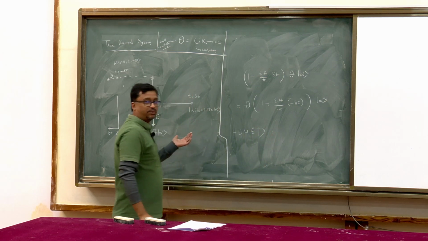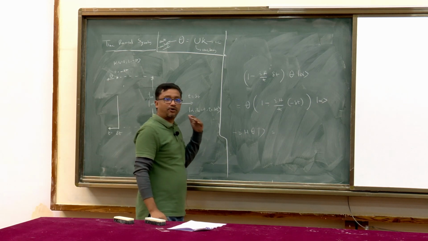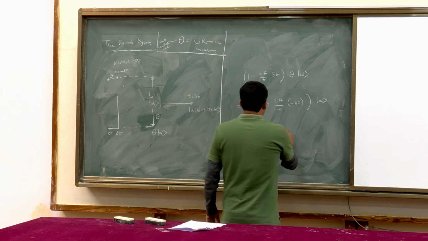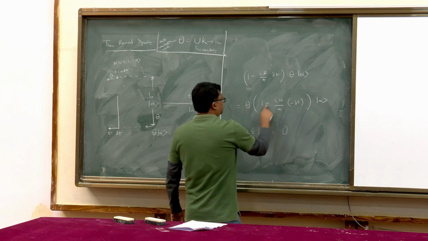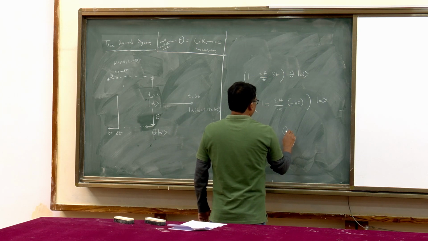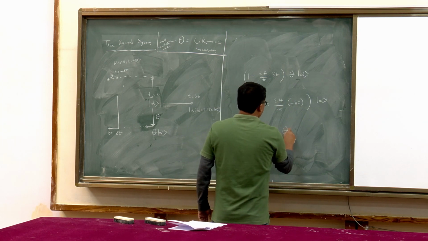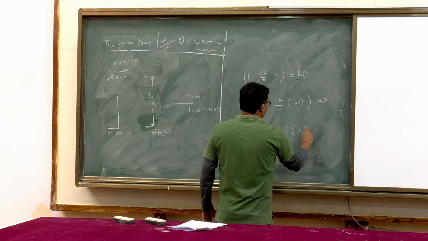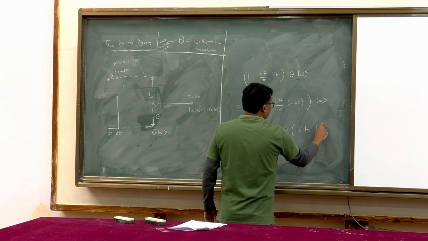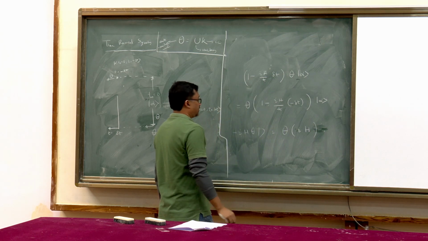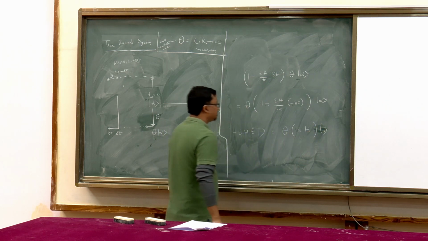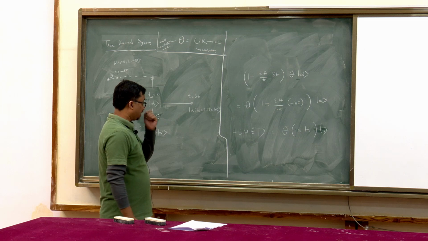So, this property should be independent of the ket. This equals, with minus minus plus, and of course the first term is the same, which is theta alpha. So, theta i H on some ket.